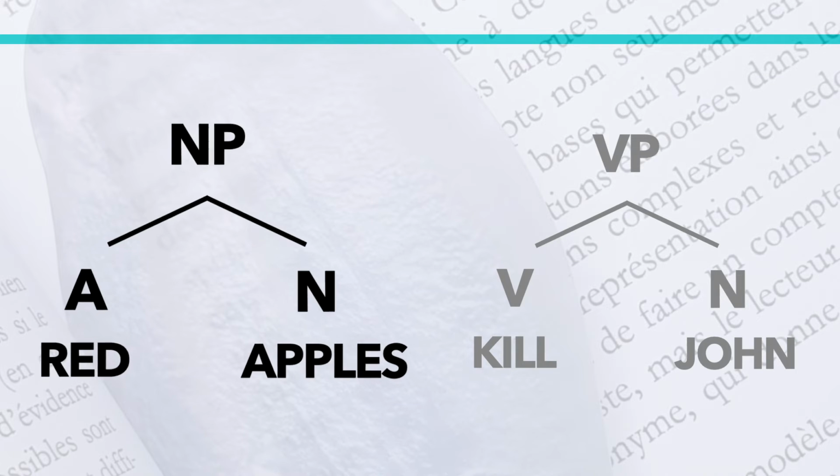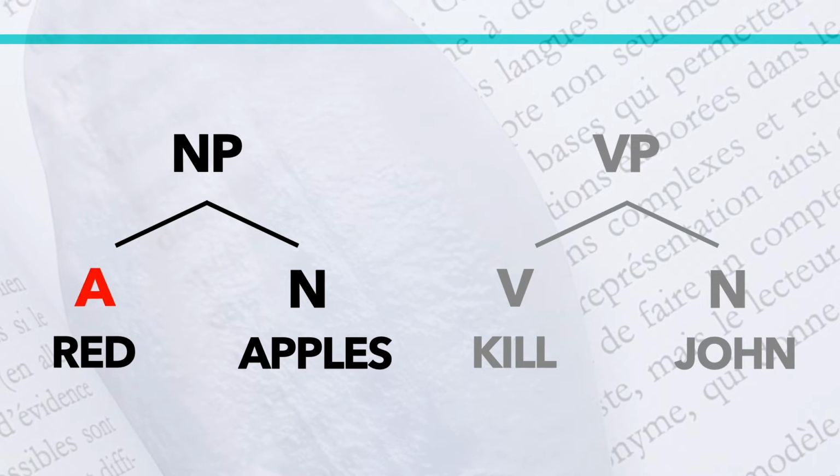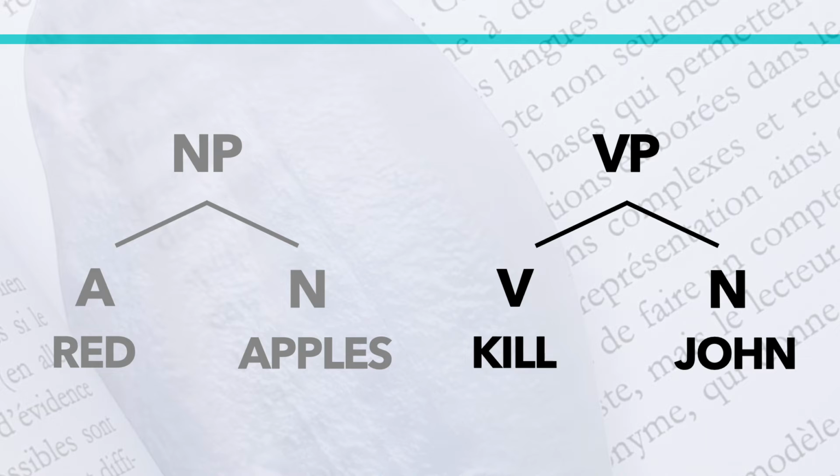In the phrase red apples, the adjective red is labeled as A, and the noun apples is labeled as N. Then A and N combine to form a bigger structure, NP. In kill John as well, the verb kill is labeled as V, and the noun John is labeled as N. Then V and N combine to form a bigger structure, VP. In both cases, the relation between each pair of words in red apples and kill John is a head-complement relation.